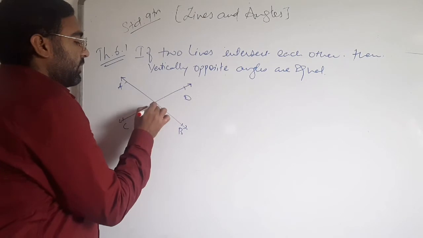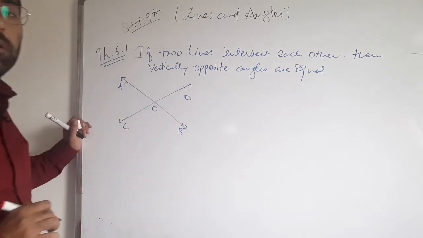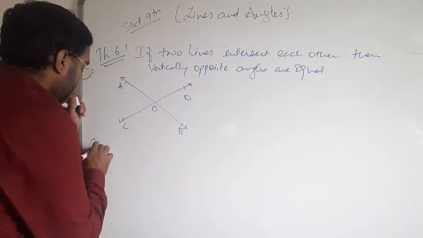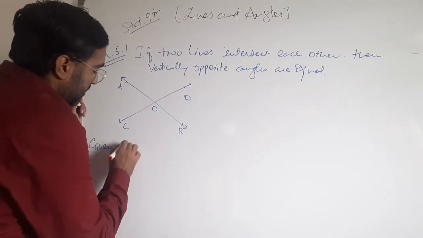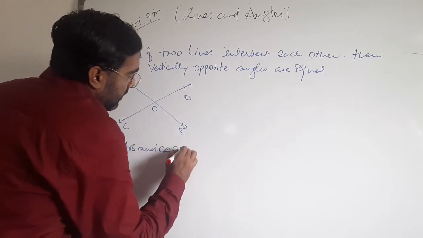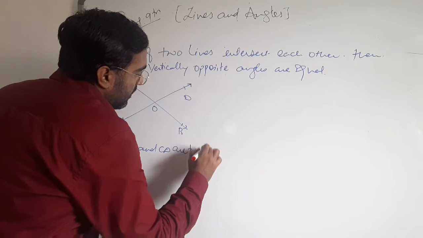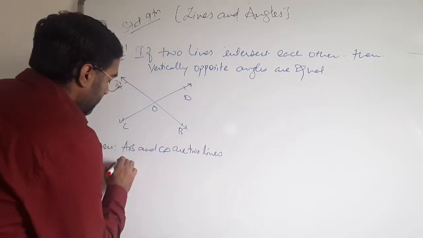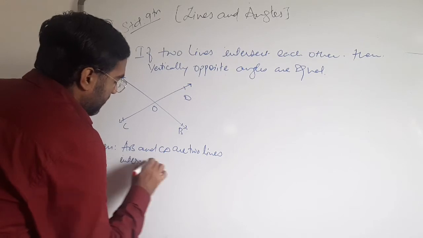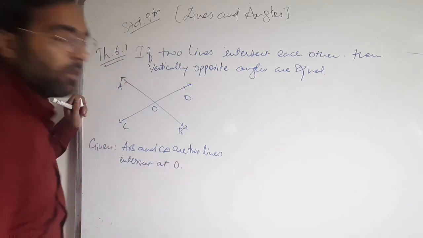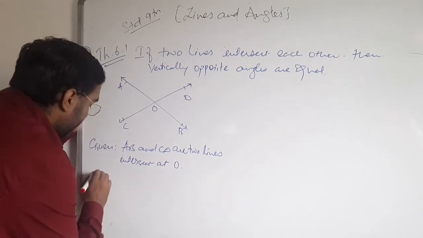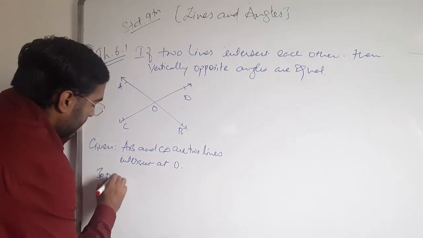The lines are AB and CD, and the intersecting point is O. So given that AB and CD are two lines intersecting at O.